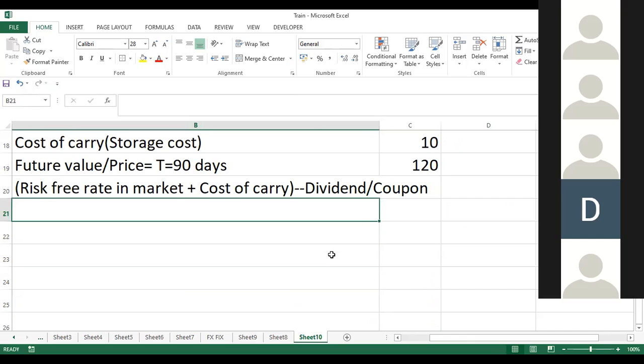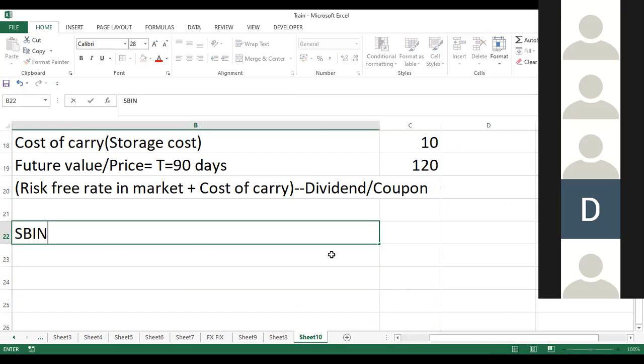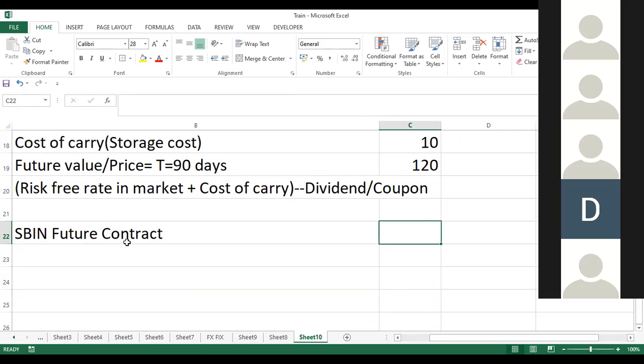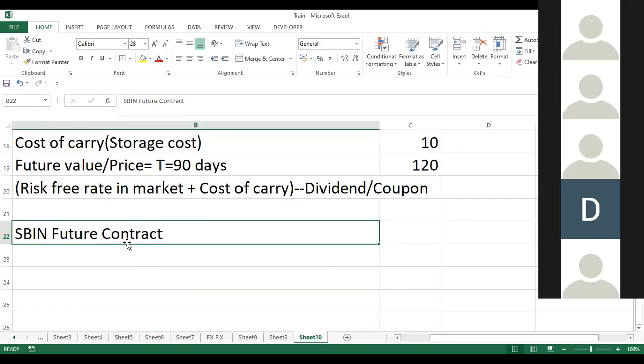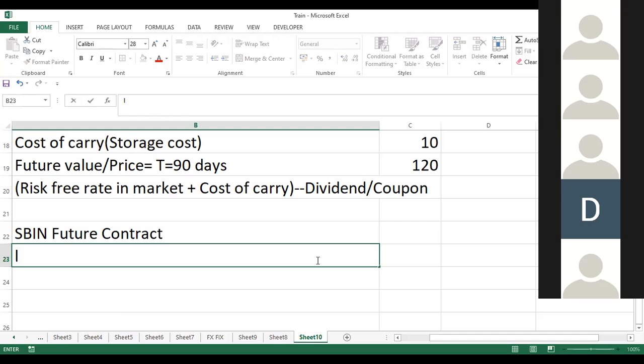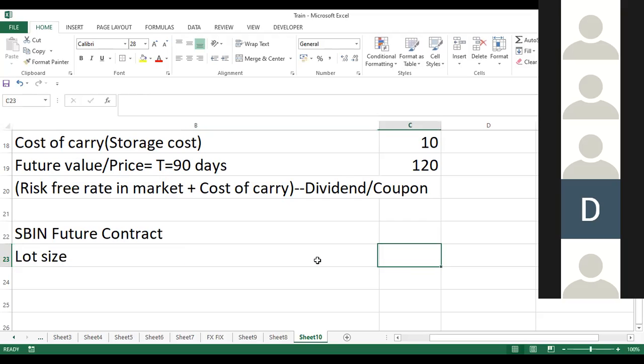So let us take an example. When you take a position in an SBI futures contract, you can take any example, I'm just taking SBI as the underlying stock for this futures contract. The lot size for SBI is 1500. One lot has 1500 shares.